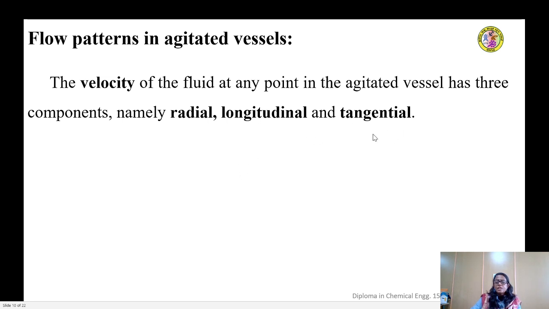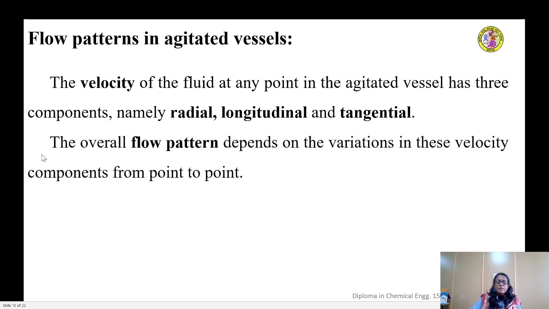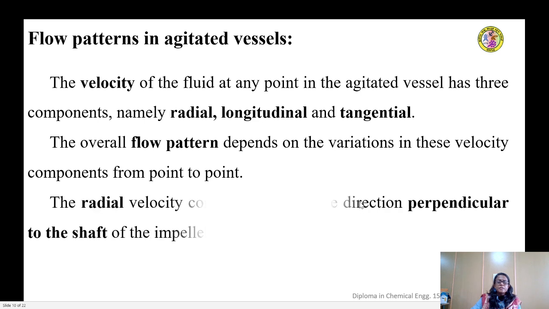The tangential components act in the direction tangential to the shaft, giving rotational or circular flow. If these currents are stronger, then they create circular motion inside the agitated vessel. The overall flow pattern depends on the variations in these velocity components from point to point.